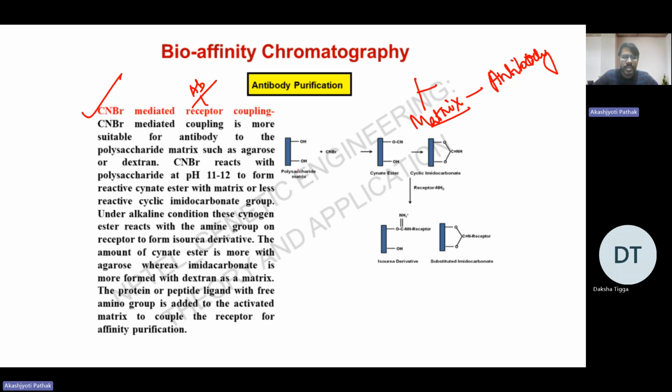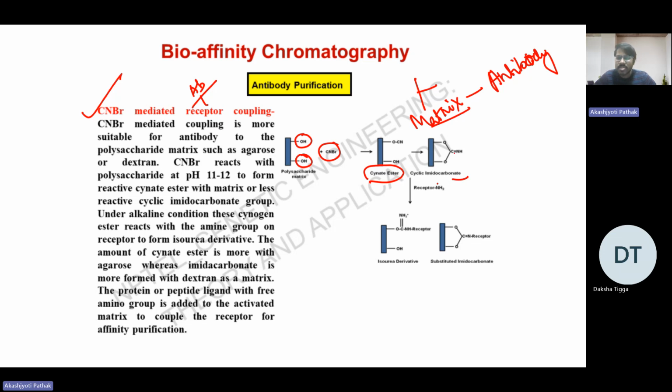This is your polysaccharide matrix, which has free OH groups. When you add CNBR, which is cyanogen bromide, a chemical, it will react with the polysaccharide matrix having free OH groups and form a cyanate ester, OCN, and then a cyclic compound, cyclic imidocarbonate.